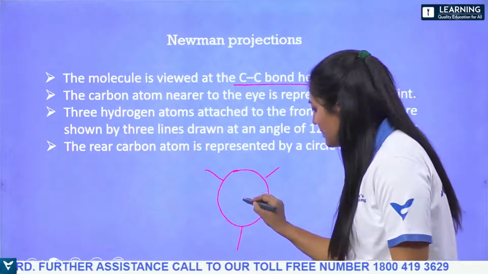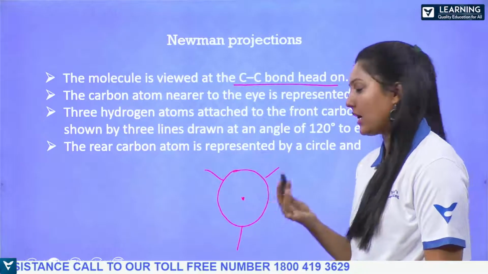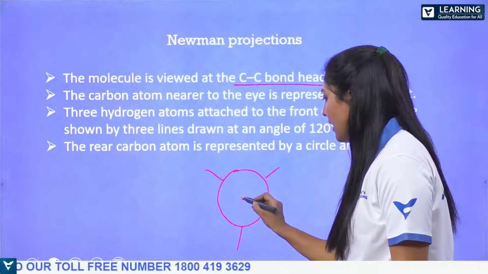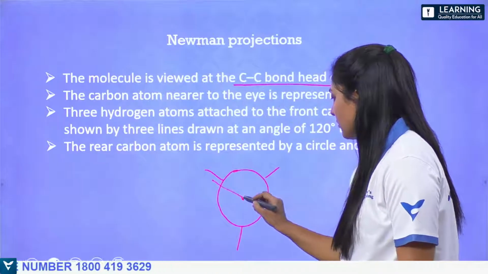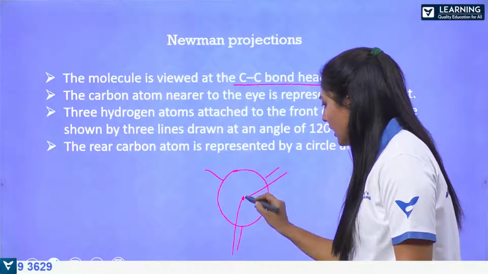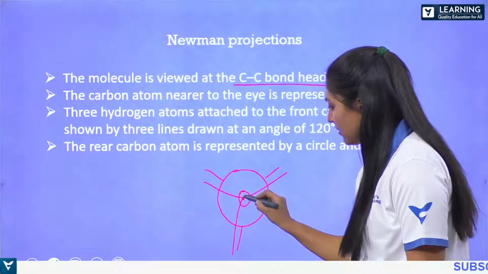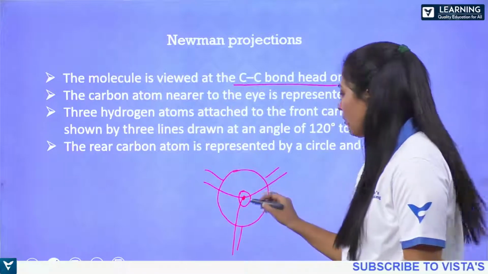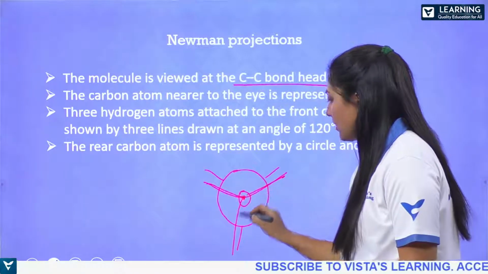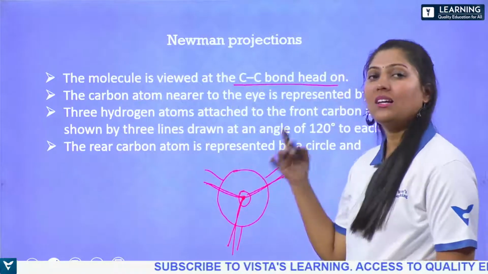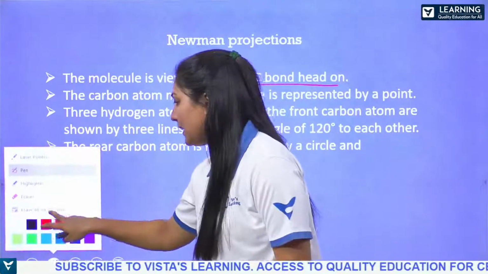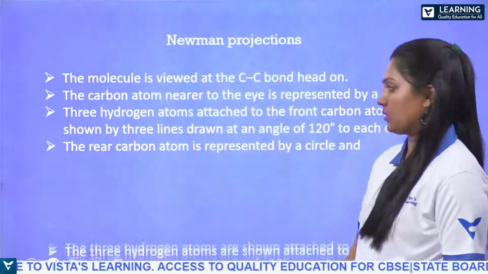Whereas the single point is the front carbon atom, and it will have the 3 hydrogen atoms like this. So the front carbon atom is a very small point with 3 bonds, and the circle represents the rear carbon atom in Newman's projection.